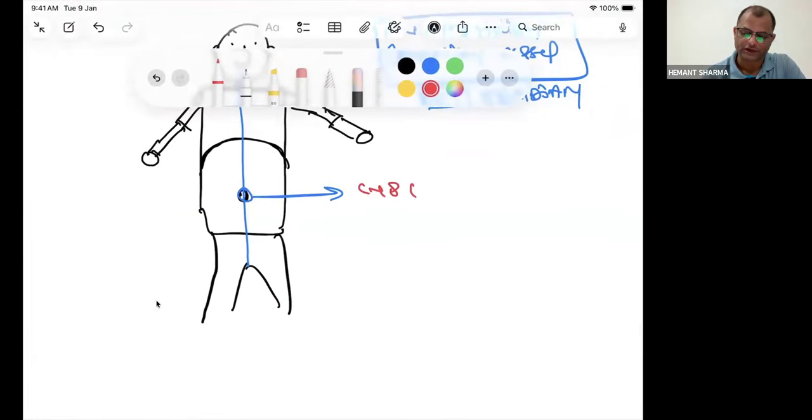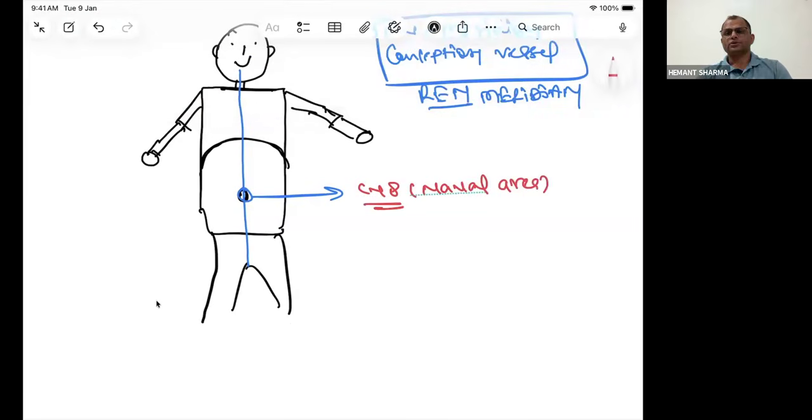Very important point, navel area. Can a needle be applied on the navel or not? Never. We never needle the navel area.